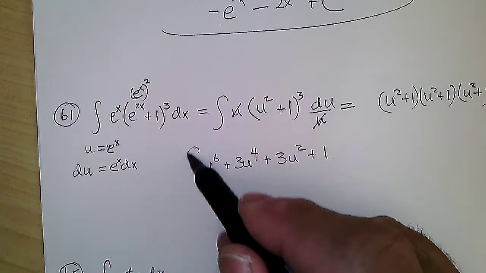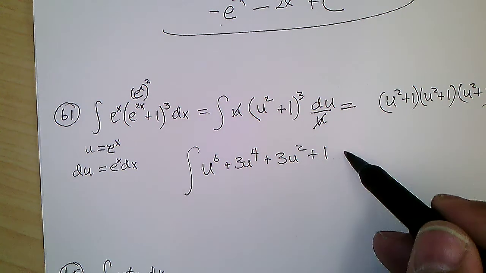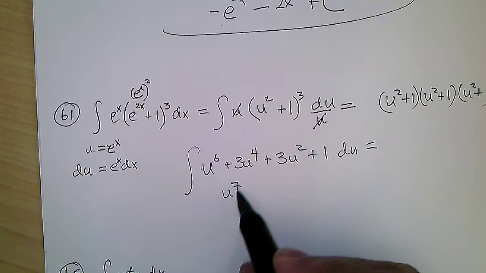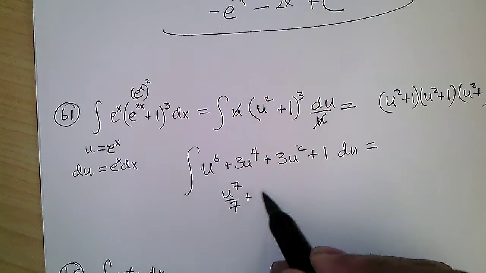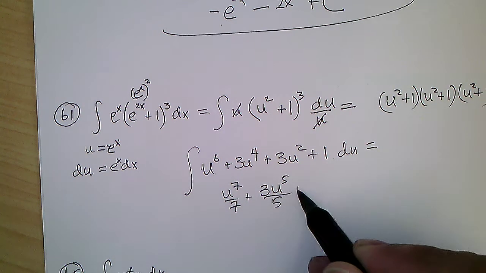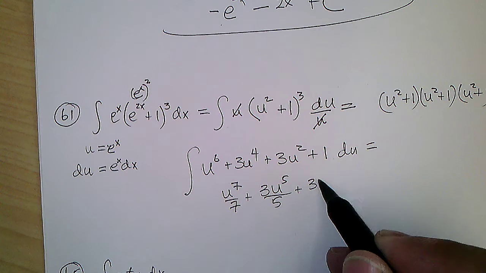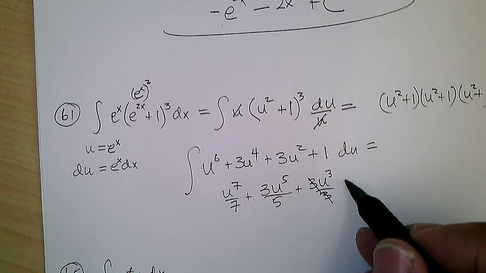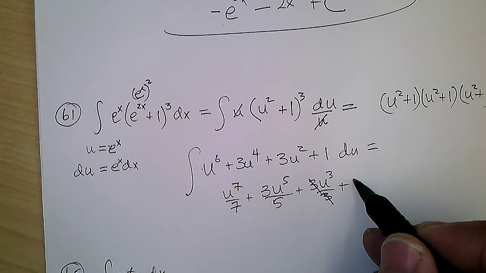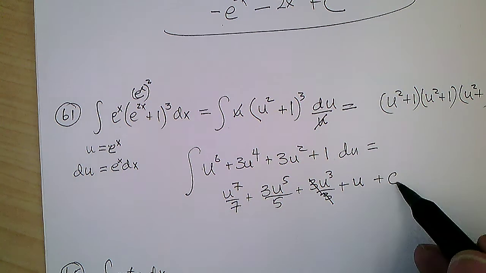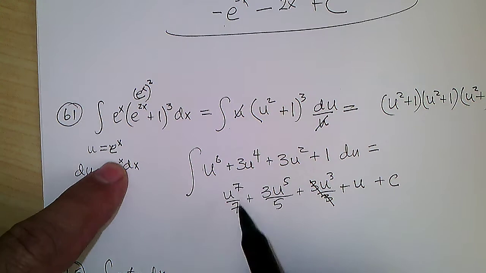And so we have to integrate that, which is u to the 7th over 7 plus 3u to the 5th over 5 plus 3u to the 3rd over 3 plus 1u plus c.